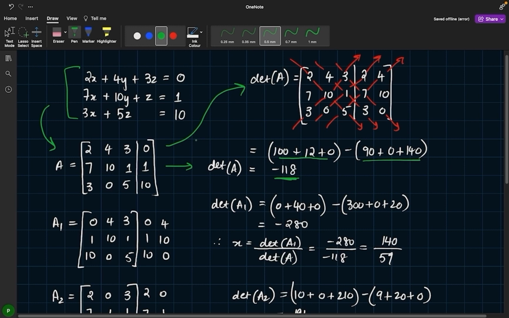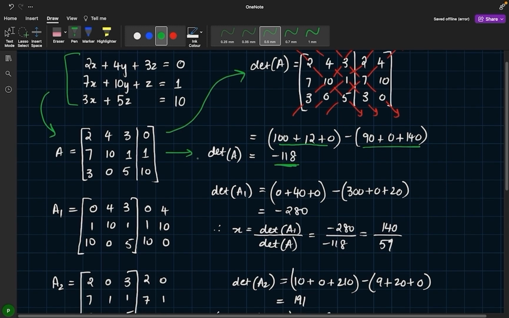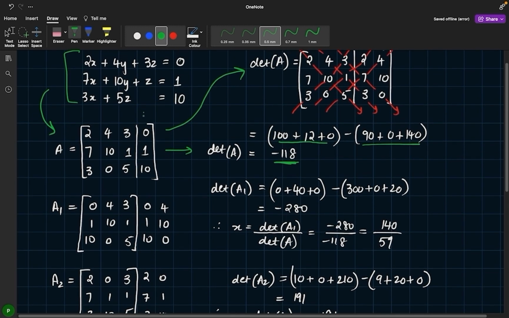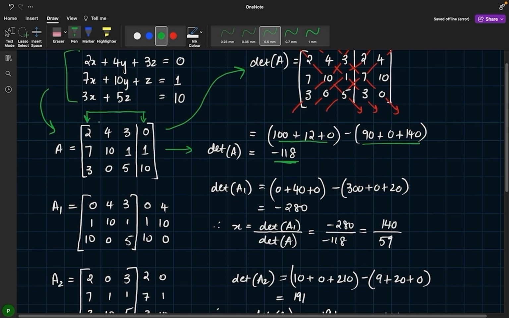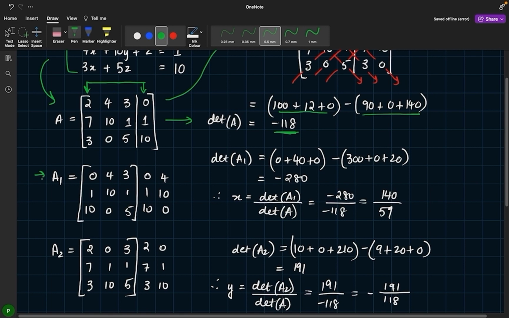Now, what you do is you take the resultant column and you replace it with the first column, as we have done here, and you label it as A1. And then again, you find the determinant of A1. How do you do that? Well, multiply across diagonally, as we have before, and add. Once you do that, you will get this.